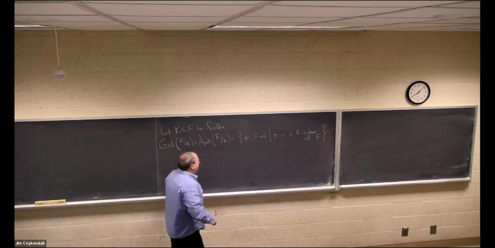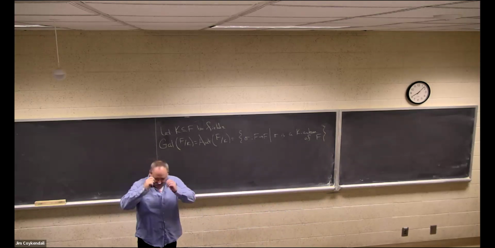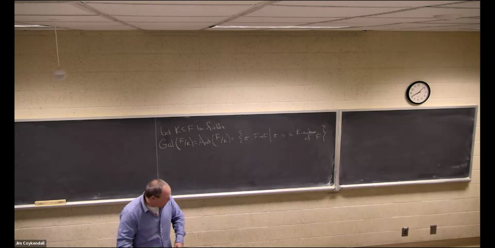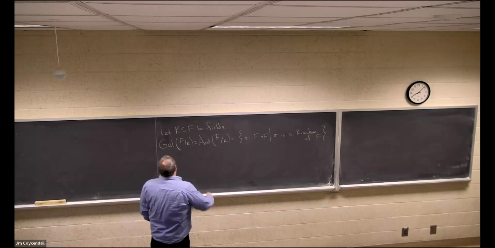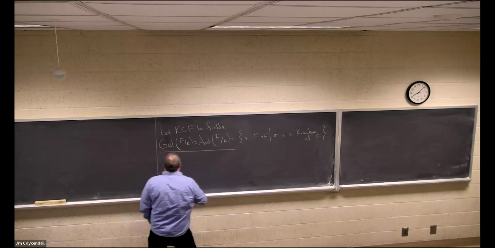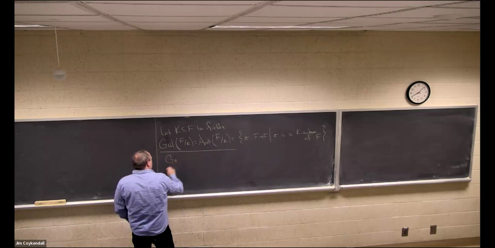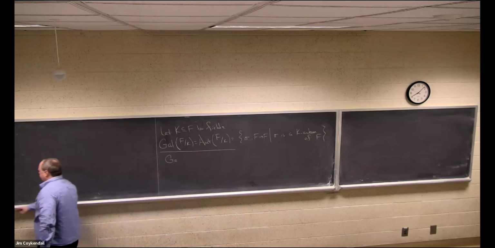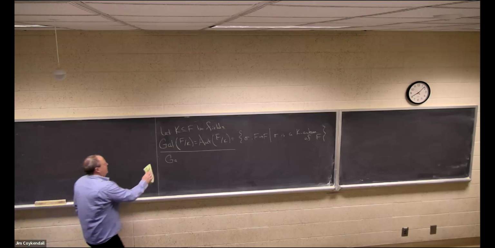This is just the group of automorphisms from F to F that actually fix the base field K. So, let's let D be a square free integer.